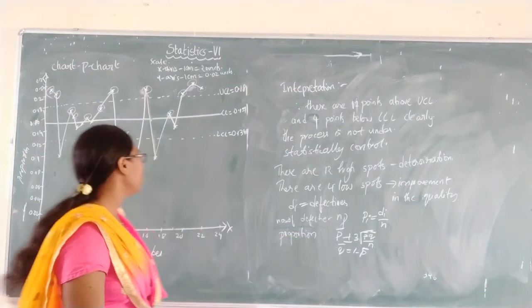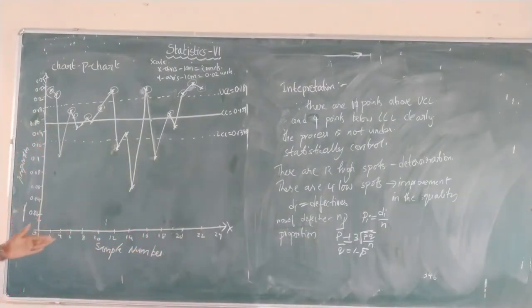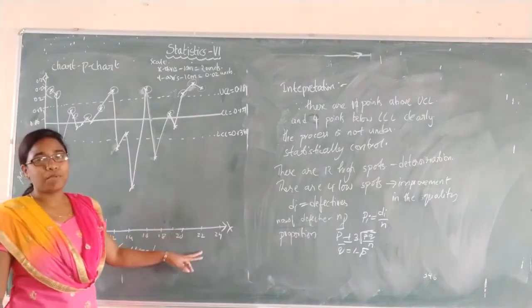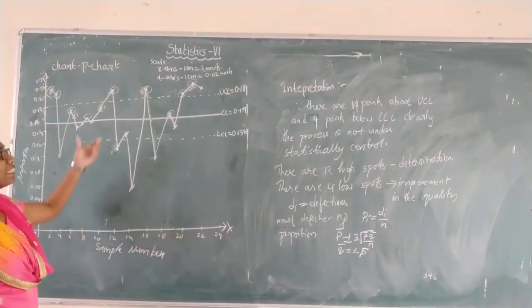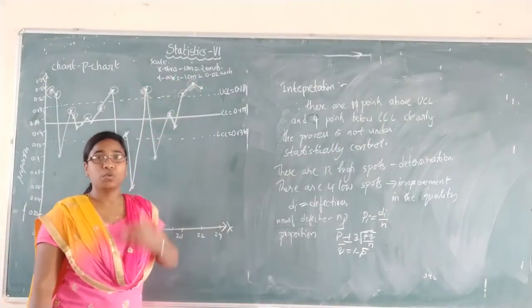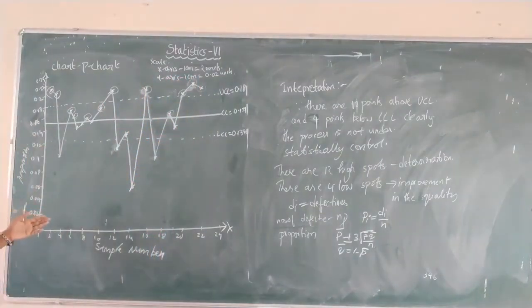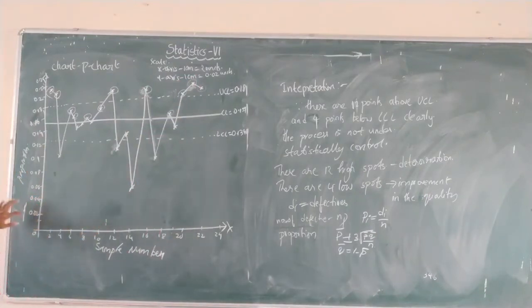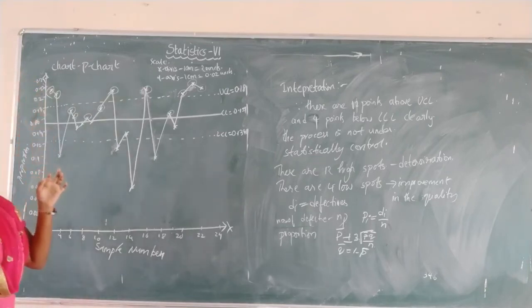After setting the control limits, depending on your values, you have to write your axis. So here I had 22 samples. The y-axis goes 0.02, 0.04, 0.06, 0.08, 0.10, 0.12, 0.14 up to the last value I had, which is 0.22.